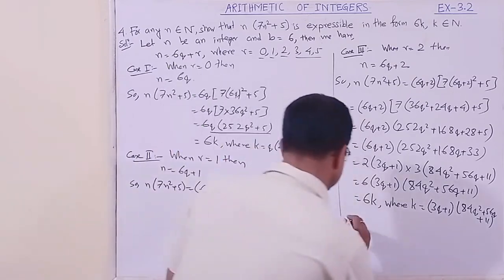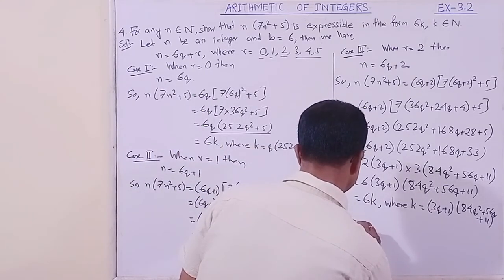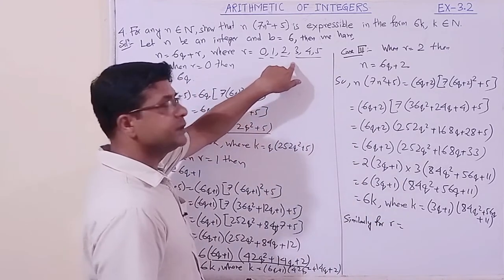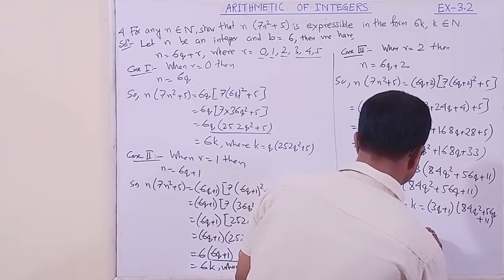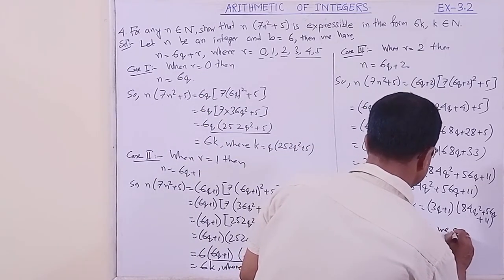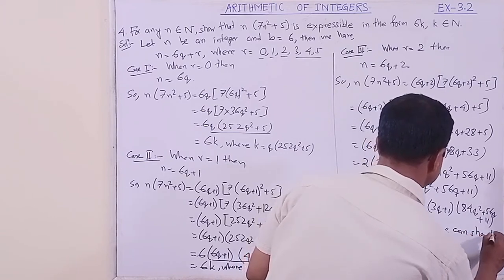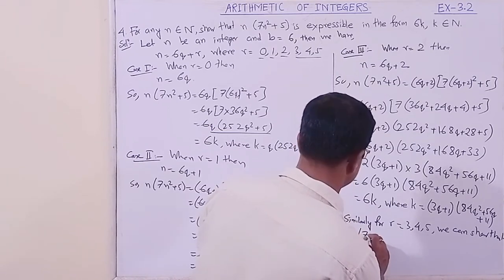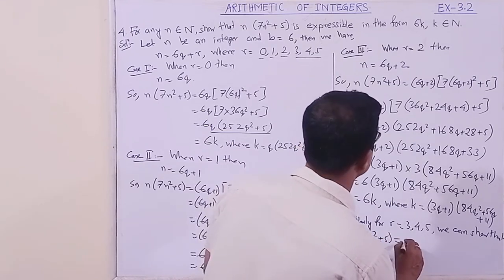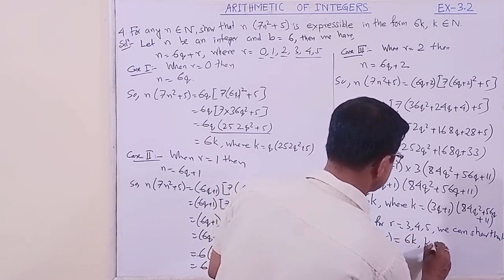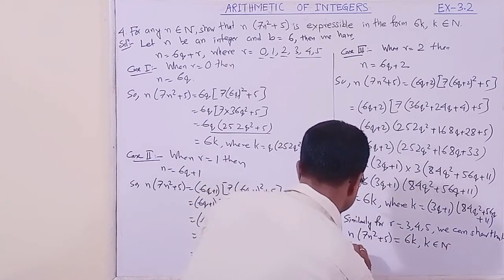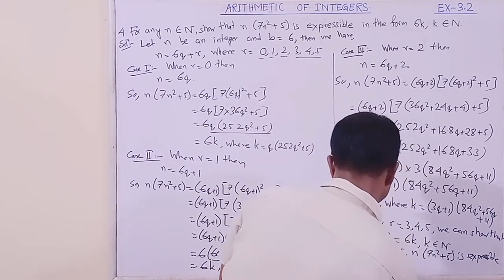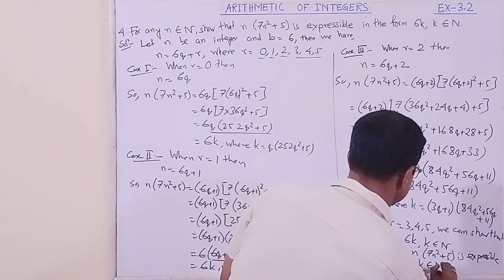Similarly we should write, for r equal to the remaining values 3, 4, 5, we can show that n into 7n square plus 5 is also equal to 6k, k belongs to N. So last statement: where k is a natural number.